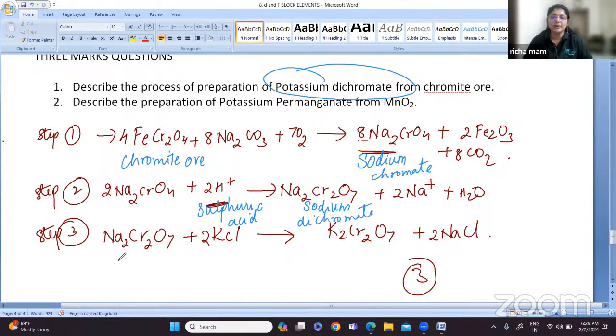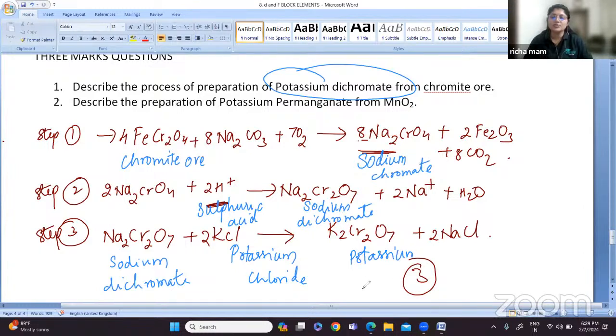This sodium dichromate, we are treating it with potassium chloride. What we get is potassium dichromate. So this is the answer.